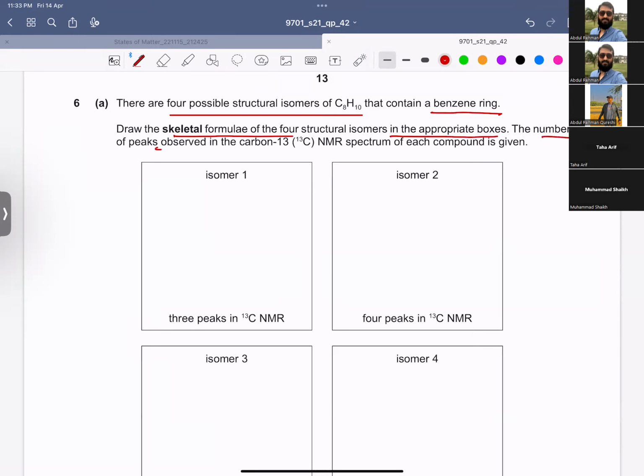The number of peaks observed in carbon 13 NMR spectrum of each compound is given. Here they are saying 3 peaks. It means that the 8 carbons are in 3 different chemical environments.